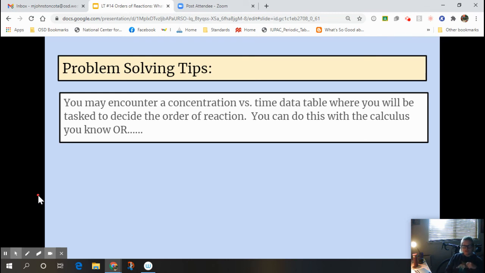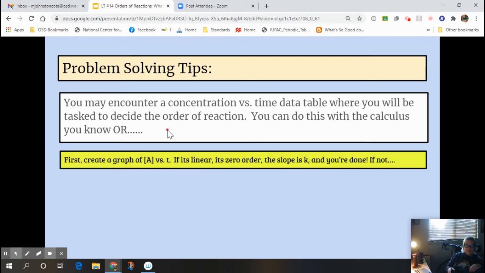Again, you can do this using your fancy calculus if you're the calculus master, or you know how to do this by finding differences in the y values on your table. That's another way you could do this. Or here's the graphing method that IB likes. Not better, just what they suggest.